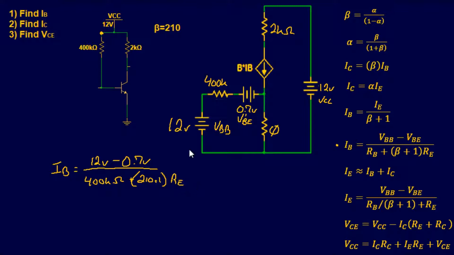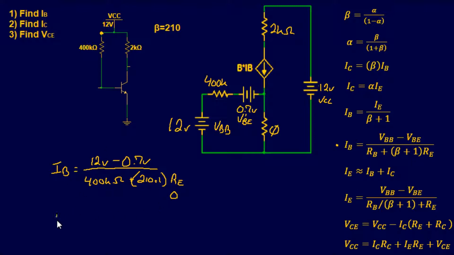Here's where the great part comes in. There is no resistor right there, so you have 0 ohms, 0 resistance. So this is actually going to be 0, which means 0 times 210 plus 1 is 0.